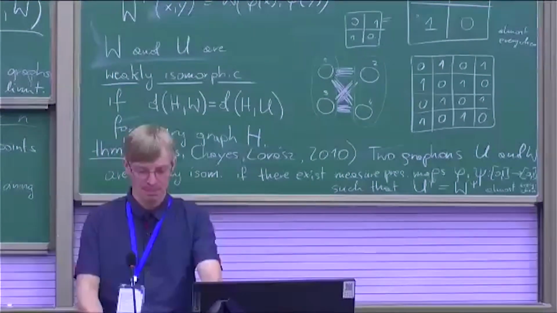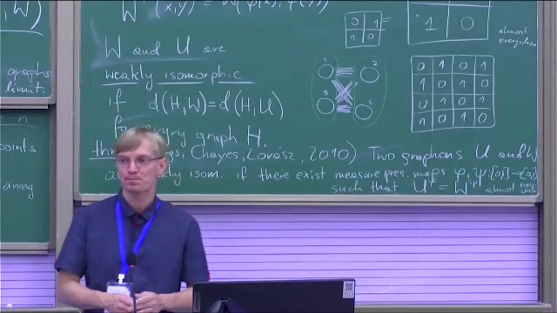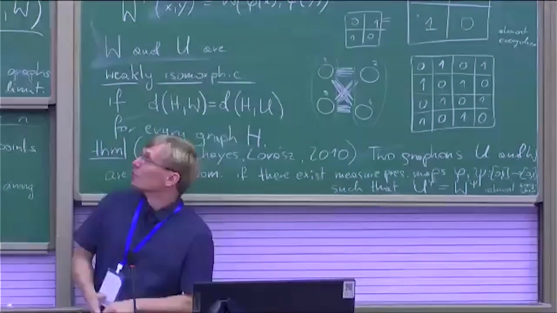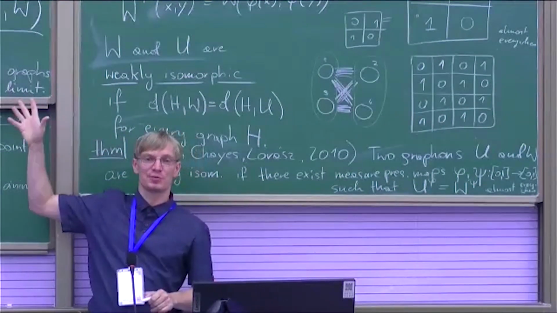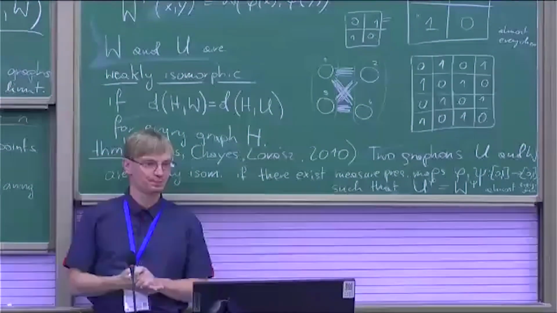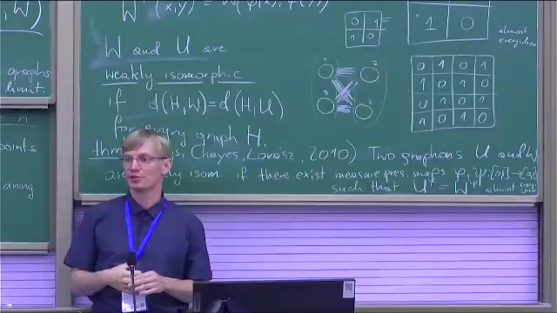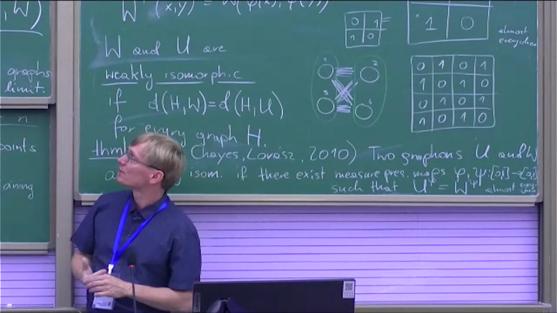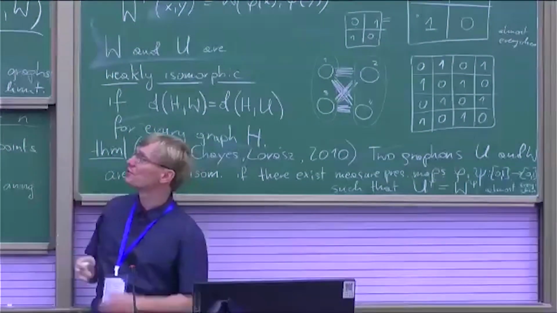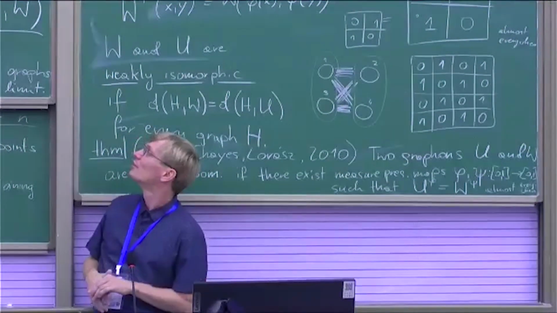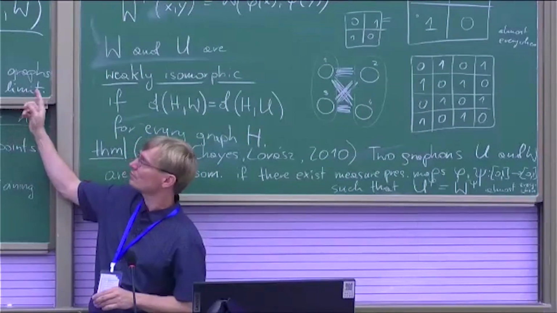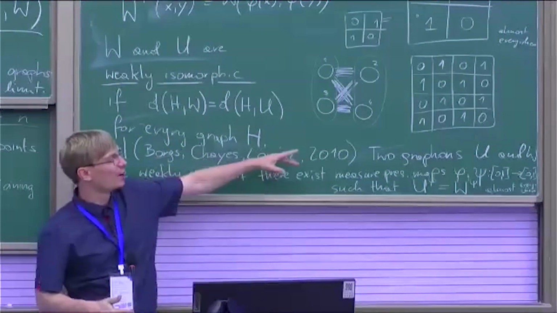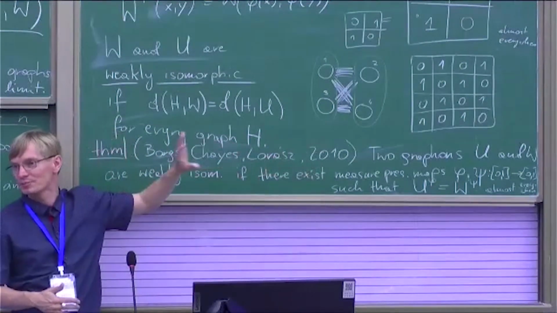Okay, so if we wrap up everything that we learned today, what do we have? We know what it means that a sequence of graphs of growing orders is convergent. And we know that if I have such a convergent sequence of graphs, I can find its limit, its graphon. I know it's unique up to some kind of reshuffling.